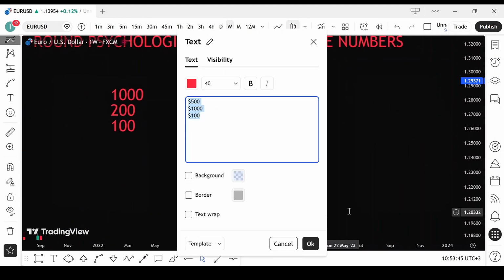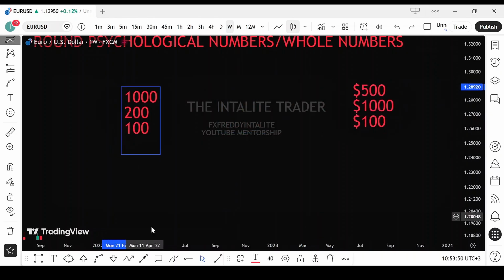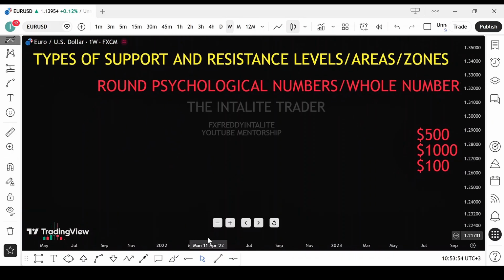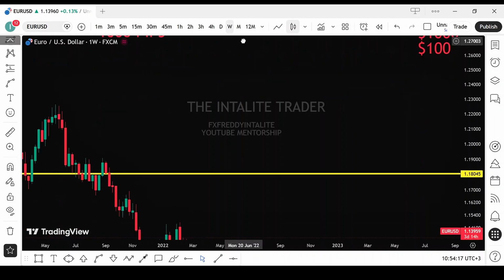So for stocks, then when we are looking at currency pairs, we look at round psychological numbers of at least 500 pips, then 1000 pips.